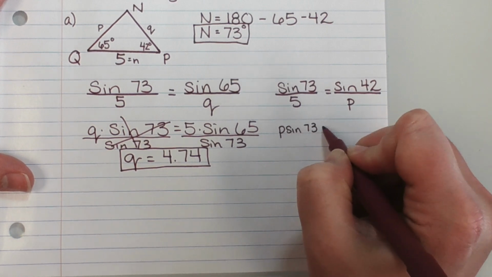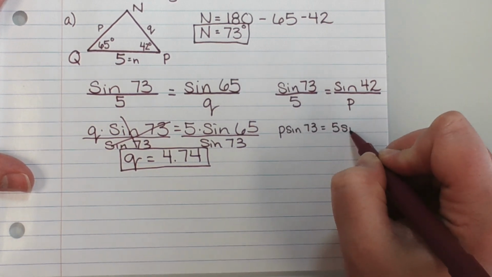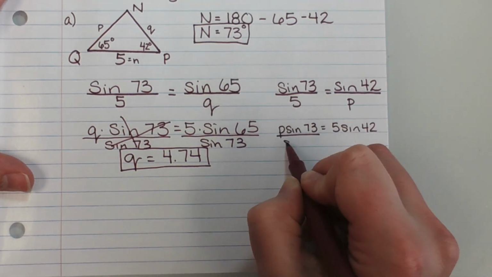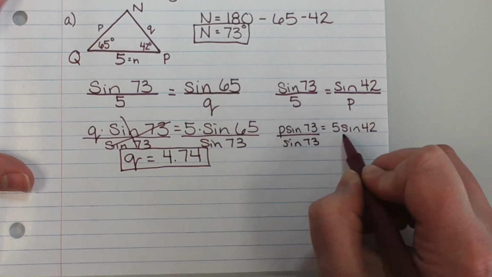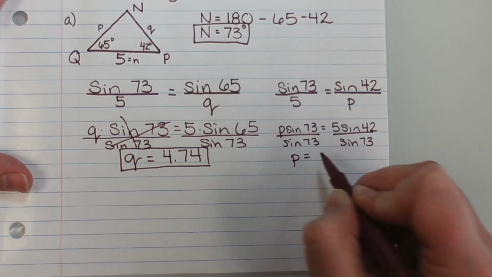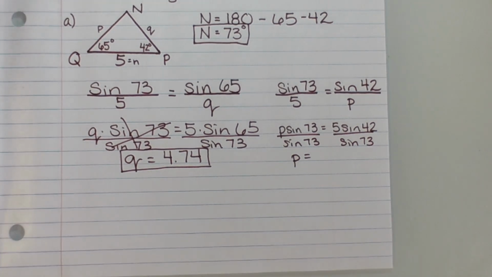P sine of 73 equals 5 times sine of 42. To get P alone, we divide by sine of 73. Rounded to the nearest hundredth, what do you get? .50.